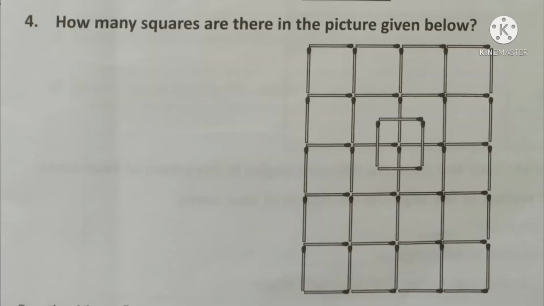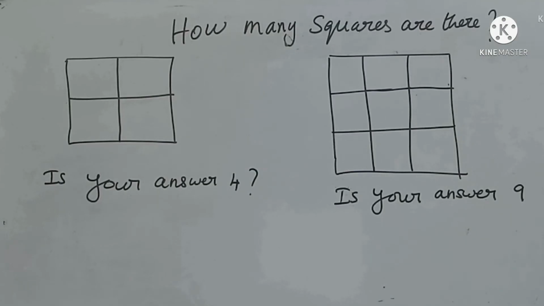Fourth question. How many squares are there in the picture given below? Before giving this answer, I want to explain smaller squares. I have drawn these two squares. First, think and tell me, is your answer 4? How many squares are there?